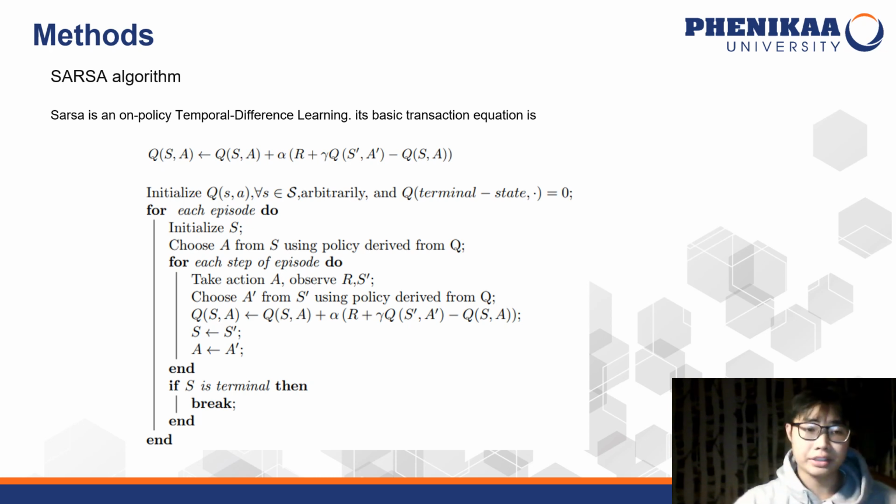First, we initialize the state-action value function Q(s, a) for all states and actions arbitrarily, and Q at the terminal state is 0, meaning Q(terminal, a) equals 0.